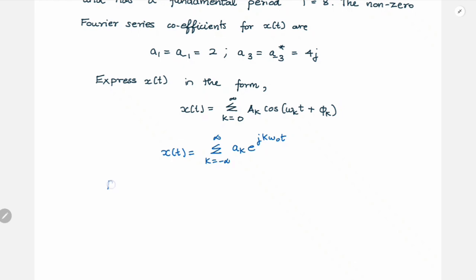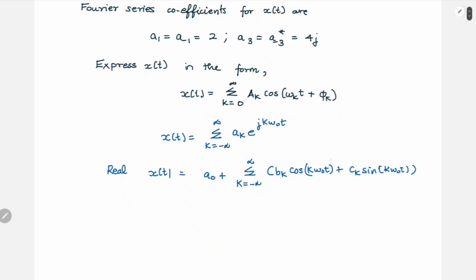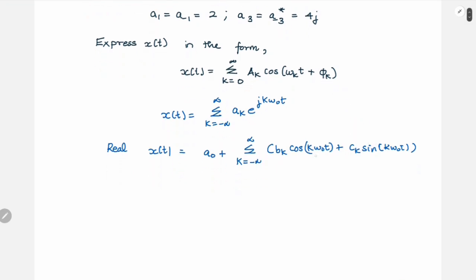And we also saw that for real x of t, we can write it as a0 plus summation bk cos k omega naught t plus ck sin k omega naught t. So we can again rewrite this in the form of a single cosine with a phase term. Let me go through the derivation for that.